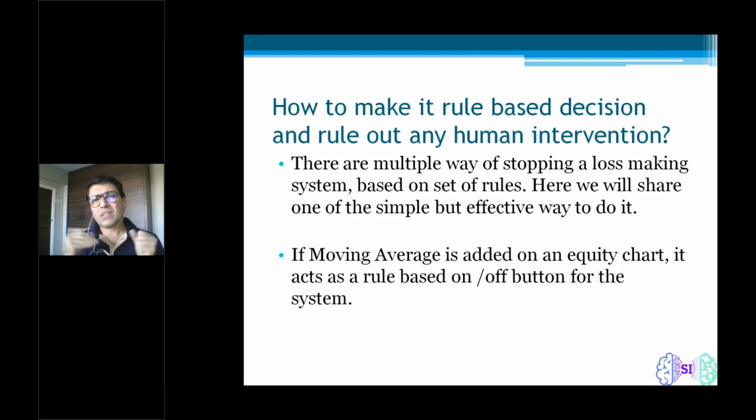For making it rule-based decision taking, wherein there is no human intervention, we can have some kind of rules or tools that help us in turning the system on and off. It's like a button, and that can definitely increase the performance, and at the same time take away the human involvement totally.